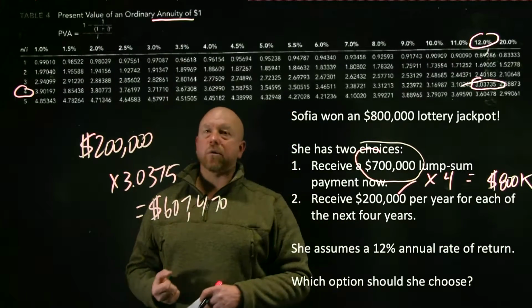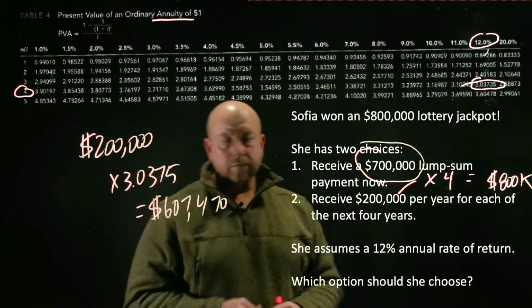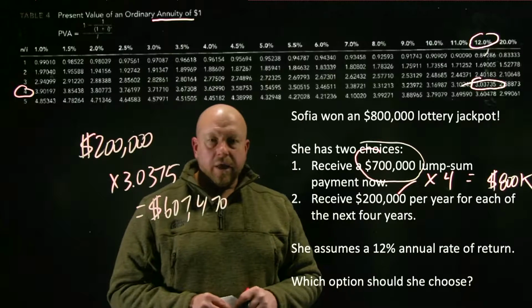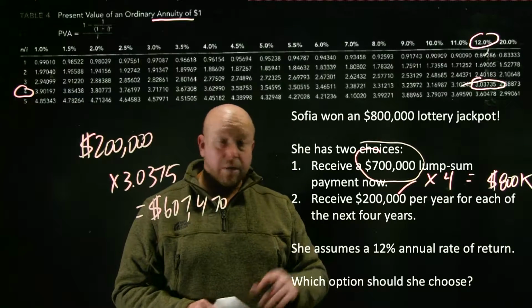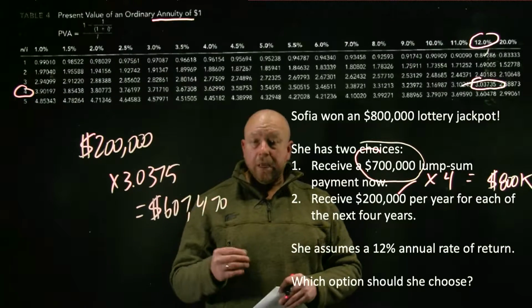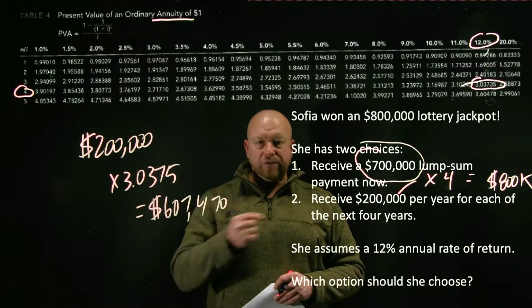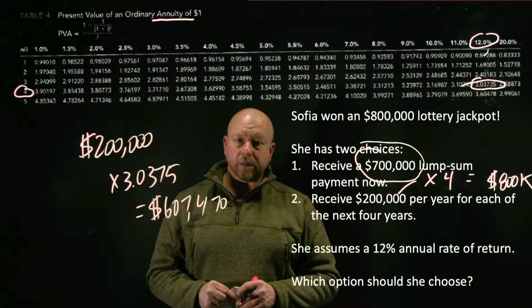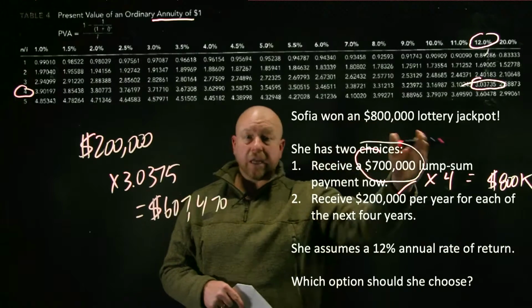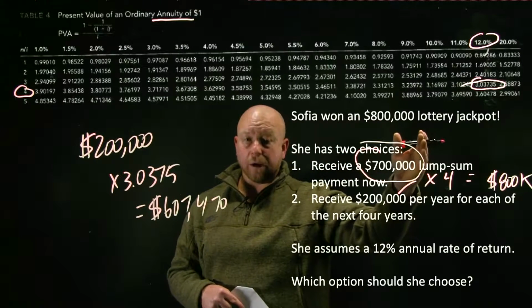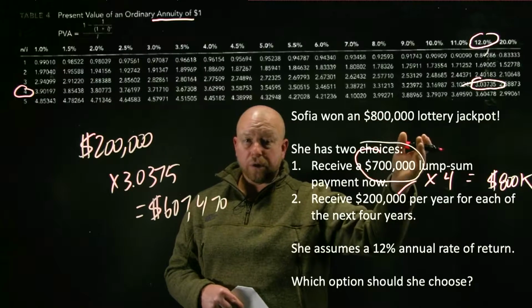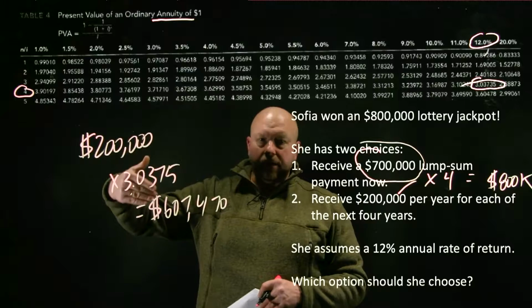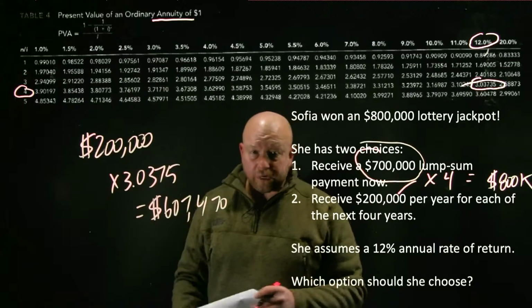There will always be qualitative factors. Maybe she really needs the money and she's willing to take a little bit of a haircut because she needs cash flow now. That's possible. But if you just look at the numbers, and if this 12% rate of return is a realistic expectation, then she's better off taking the lump sum money right now, because she could deploy that to earn 12% or pay down some debt that might have a 12% interest rate.